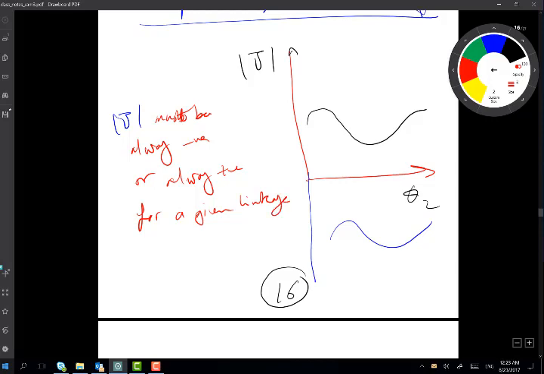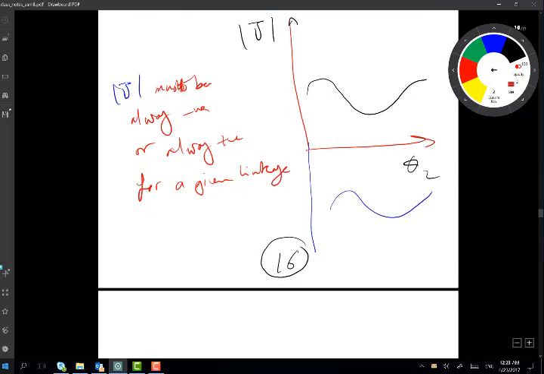But it cannot be equal to 0. So it cannot be equal to 0, right?